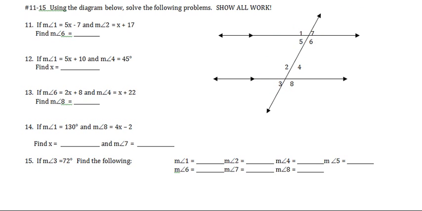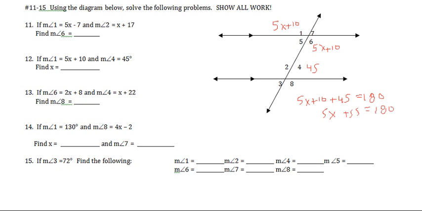Number 12 you have right here is 5x plus 10, and angle 4 is 45. If this is 5x plus 10, these right here are vertical angles. 4 and 6 are same side interior, which means that I need to add them together and set them equal to 180 degrees, which is going to give me 5x plus 55 equals 180.